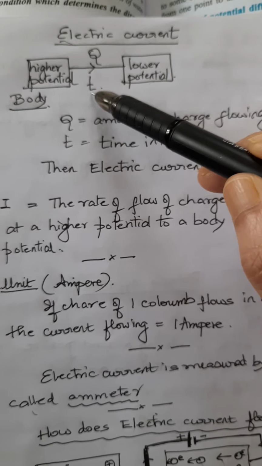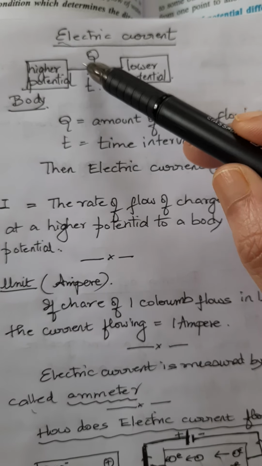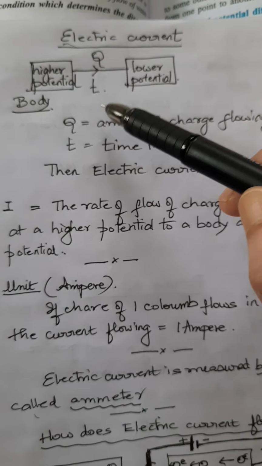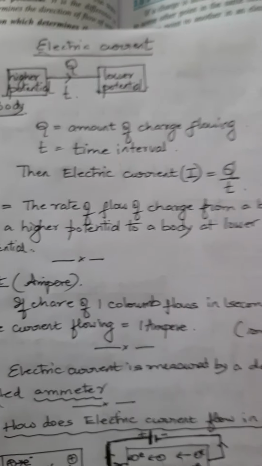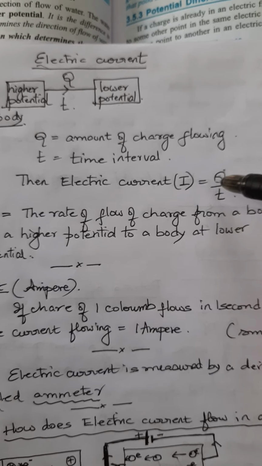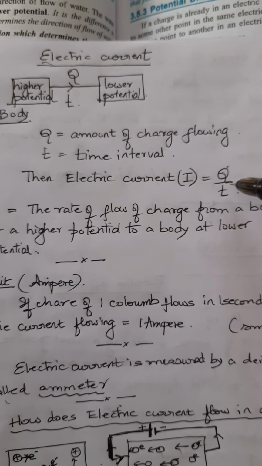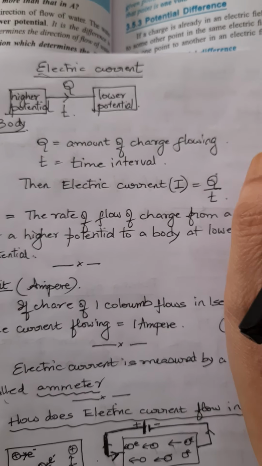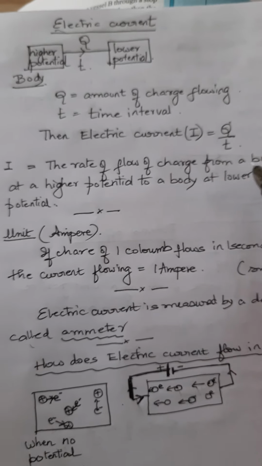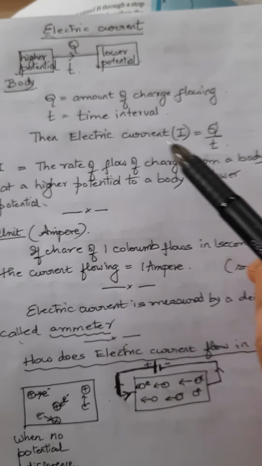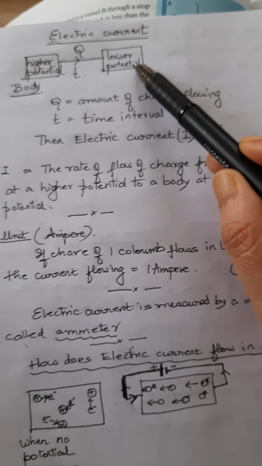Suppose t is the time interval and Q is the amount of charge, then electric current is nothing but the rate of flow of charge, that is Q, the total amount, divided by the time interval t. So the definition of electric current is the rate of flow of charge from a body at a higher potential to a body at a lower potential.